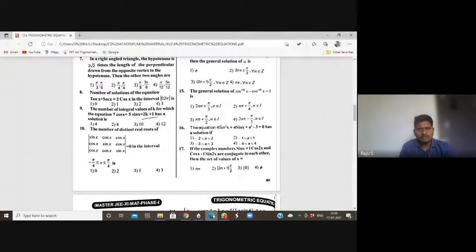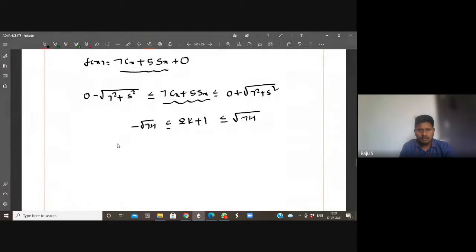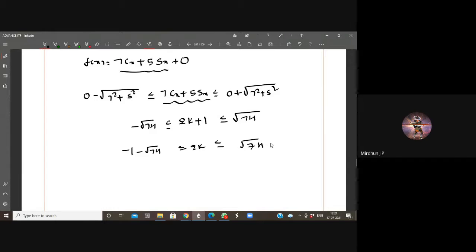So what are the options they gave? For the values of k for which the solution exists, students, I am going to take your k value. Minus root 74 is less than or equal to 2k plus 1, less than or equal to root over 74.